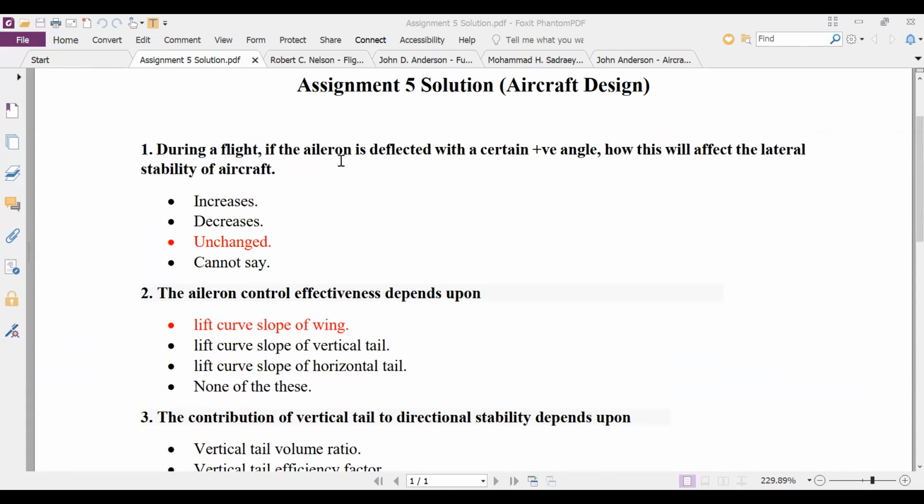When you deflect the aileron, it's not going to change any property of the wing apart from shifting the lift curve upwards. I'll show what I mean.